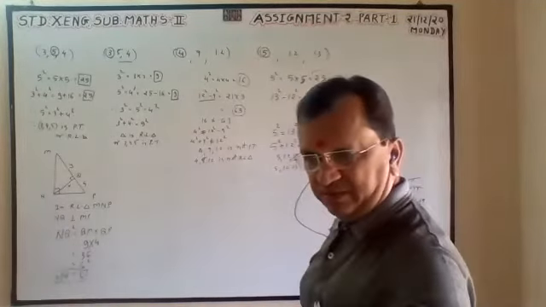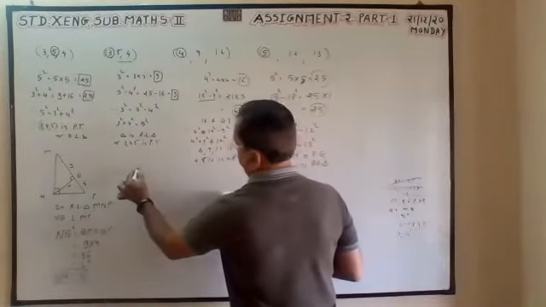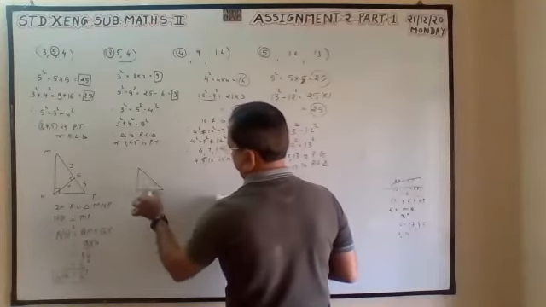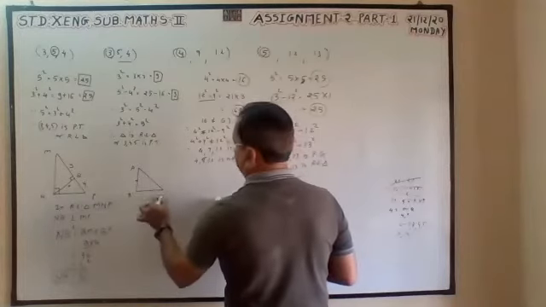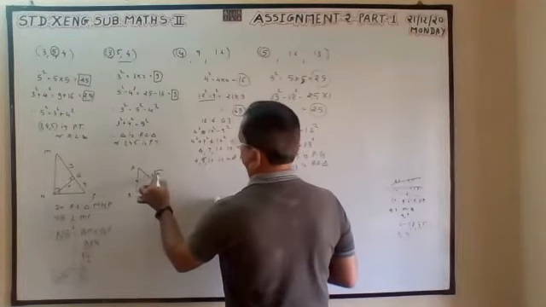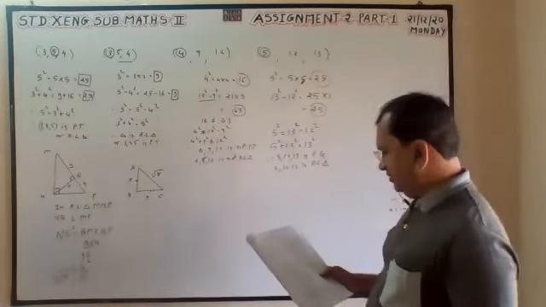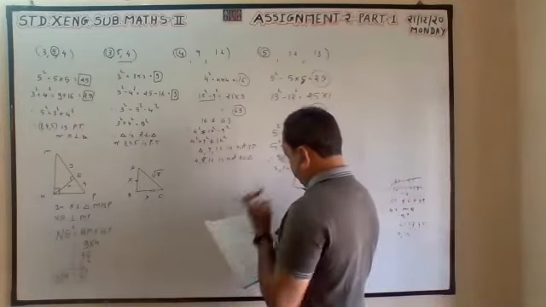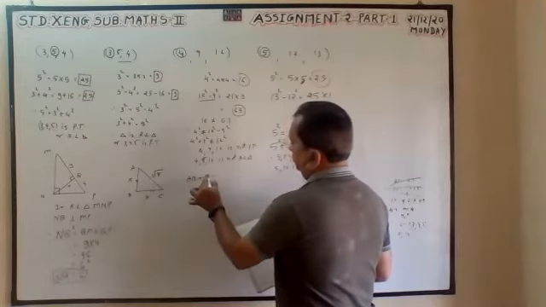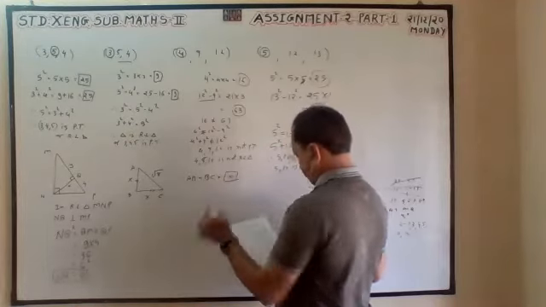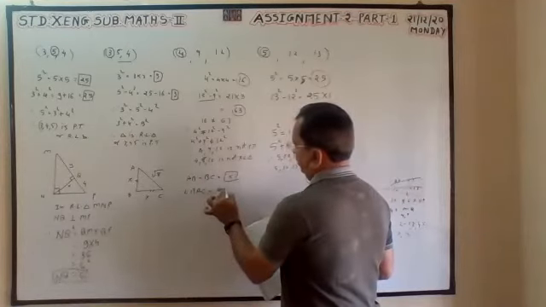For example, in these activities, A, B, C. This is given as root 8. For example, this is X. Now, AB is equal to BC is equal to the question. So write X, both are equal. Triangle BAC is given as 45 degrees.